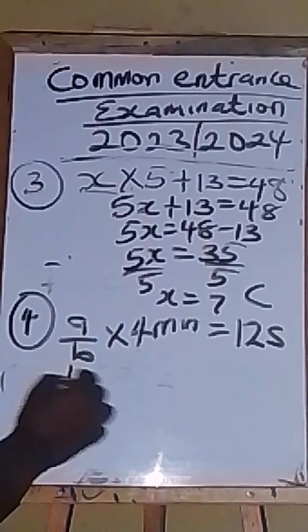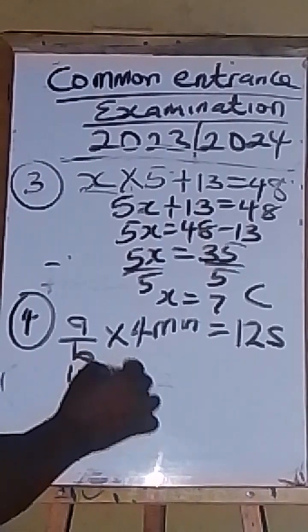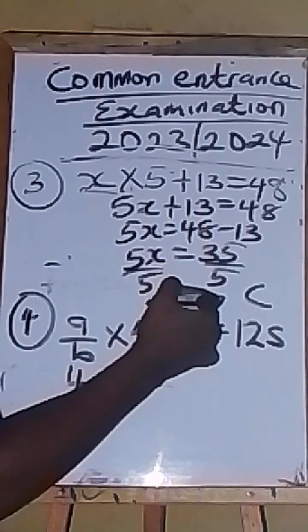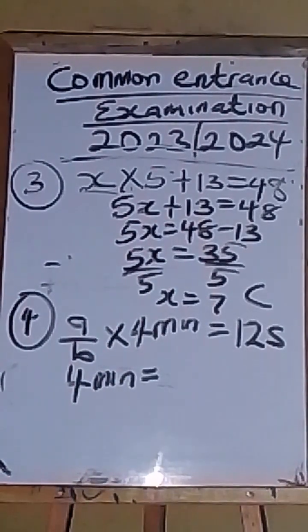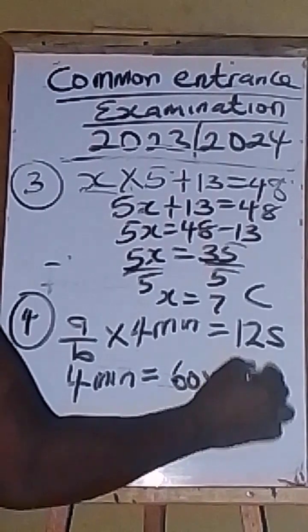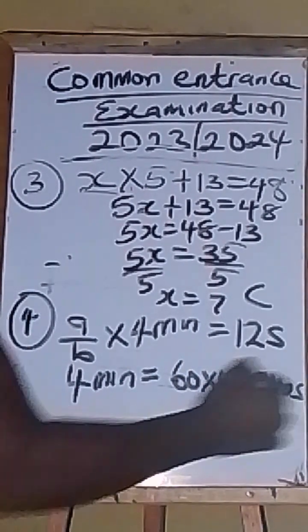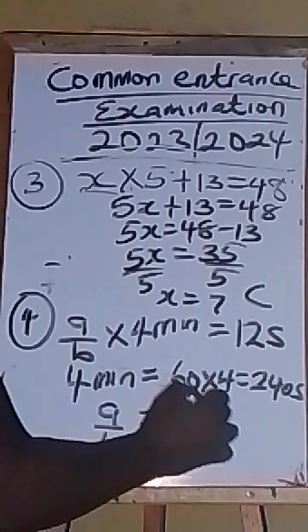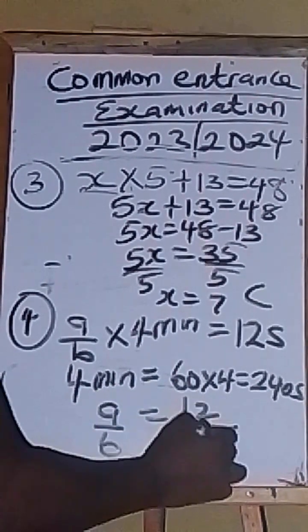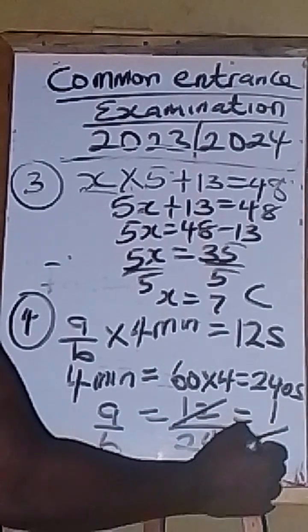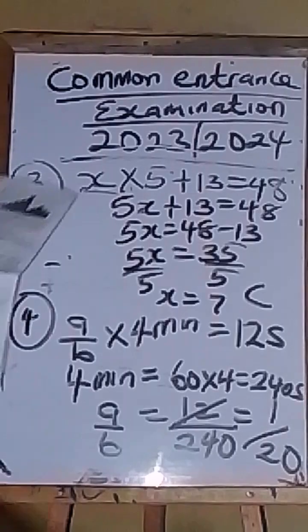I decided to change the 4 minutes to seconds. 60 seconds make 1 minute, so this will be 60 times 4, and that is 240 seconds. So A over B will be 12 over 240. Dividing by 12, we have 1 over 20. So our answer is A.